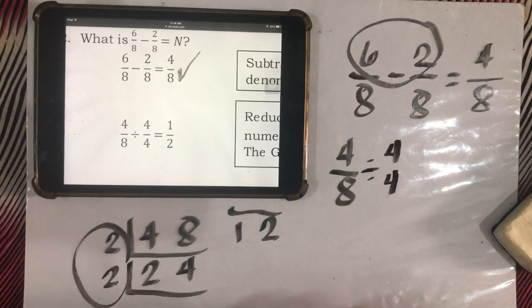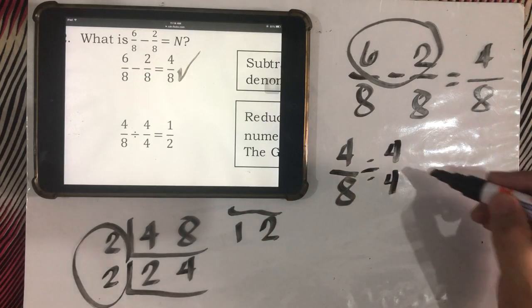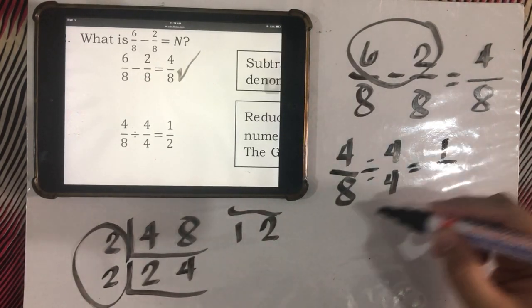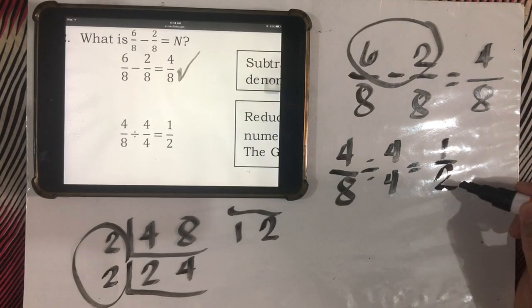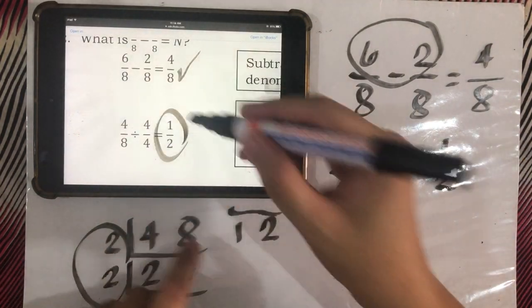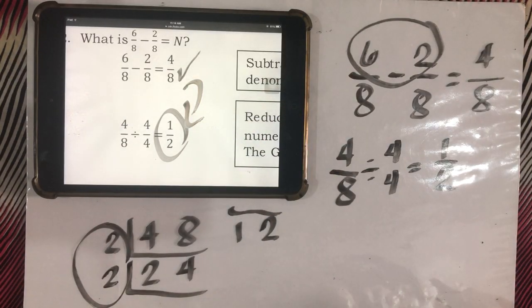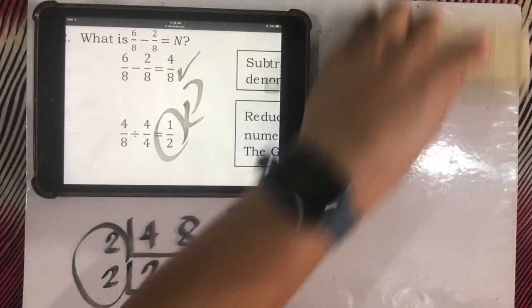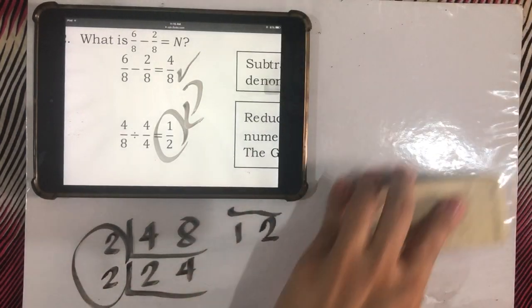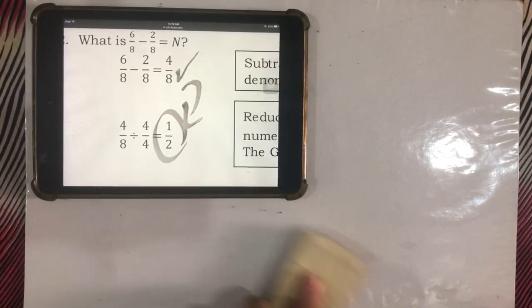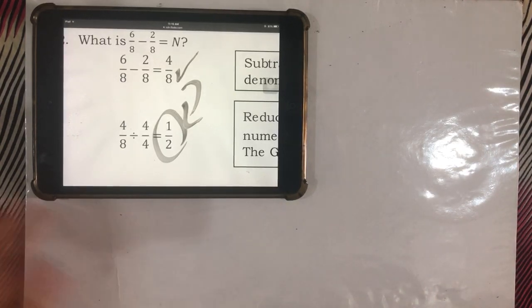And then, you will use that to divide or to simplify your answer. 4 divided by 4, 1. 8 divided by 4, 2. So therefore, your answer is 1/2. Okay? So you always have to reduce. So sa subtraction, sa addition, madali lang kapag the same ang kanilang denominator.